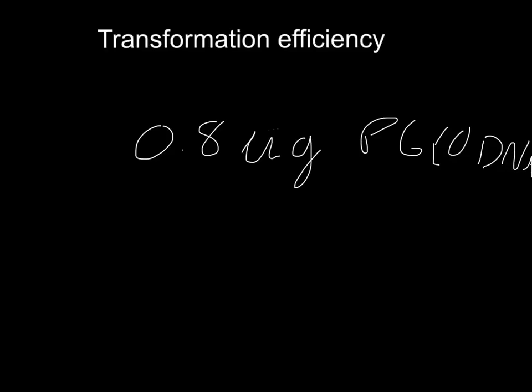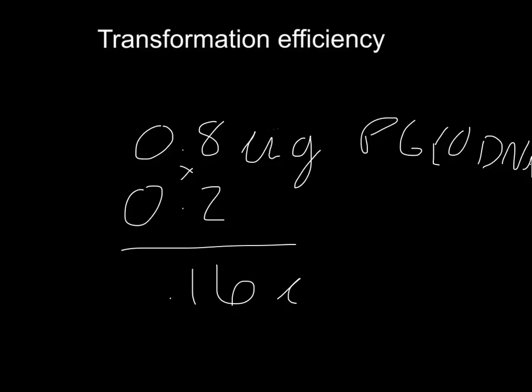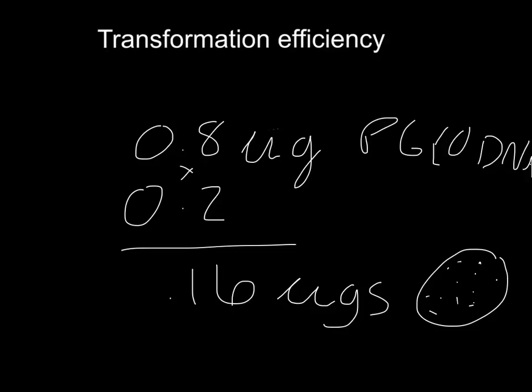You also want to multiply that by the fraction that we just calculated, which was 0.2. Remember, no units. You multiply those two together, and you get 0.16 micrograms. This is the mass that you put on that fourth plate. This is the end of your step 2.